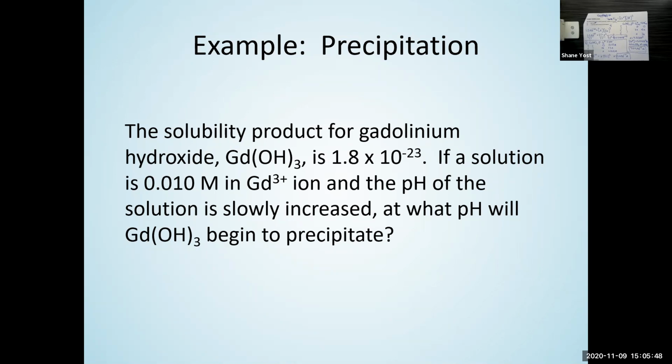And so in this problem, we have these Gd3+ ions floating around in solution. I'm slowly adding more and more hydroxide ions into solution until eventually I add enough hydroxide ions that solid GdOH3 is going to start forming and precipitating in the solution. Okay? So that's conceptually what's going on here.